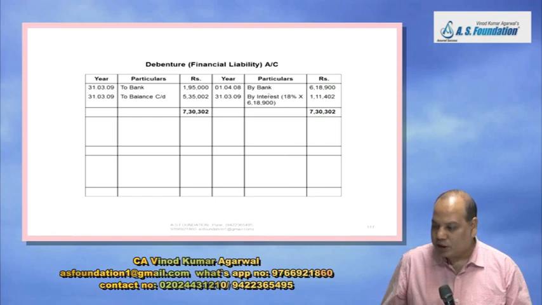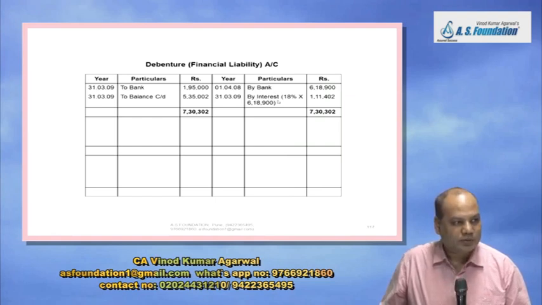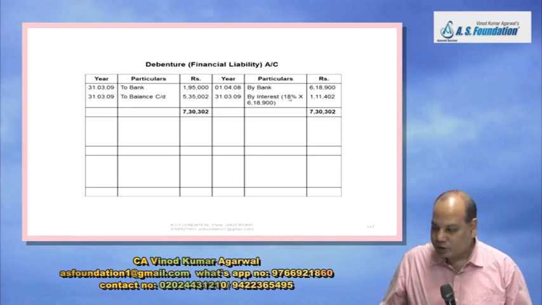And then you will pass the entry for interest expense: interest account debit to liability account, 18% of opening balance. If you have written a different number here as opening balance, calculate accordingly. 1,11,405. After this, we will not practice any more problems for ledger account in this chapter.